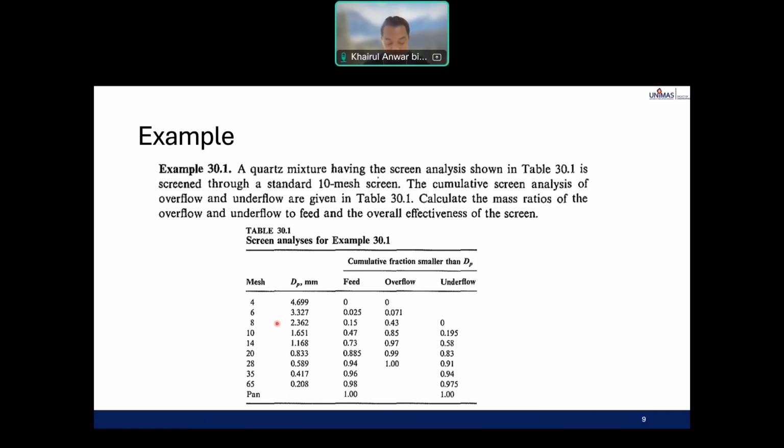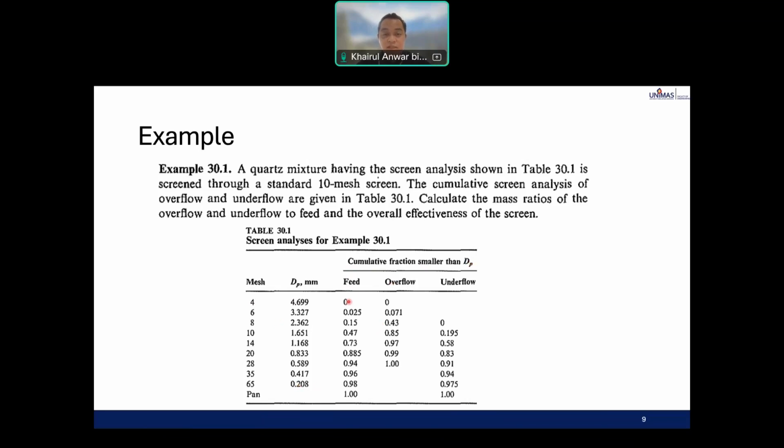So cut diameter is defined as the point of separation between the fractions. So the higher the mesh, the smaller the DP or cut diameter. So cumulative fraction smaller than DP.